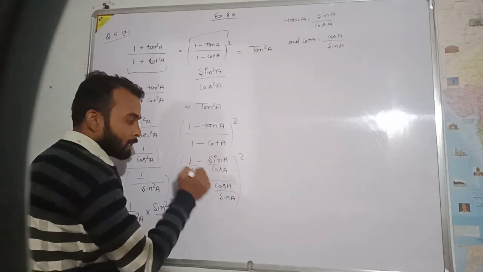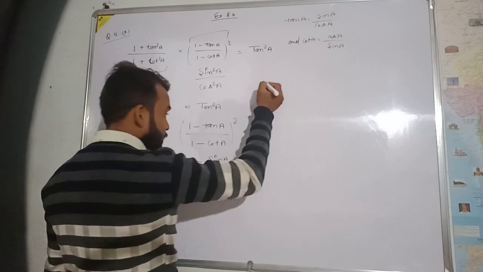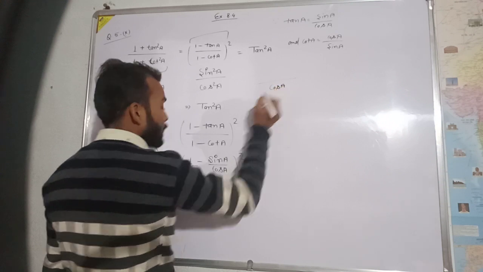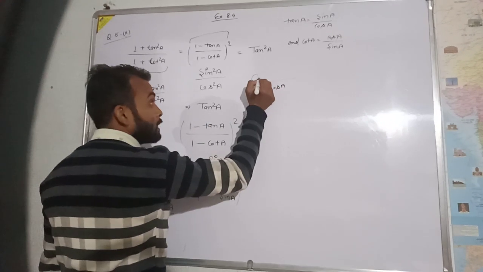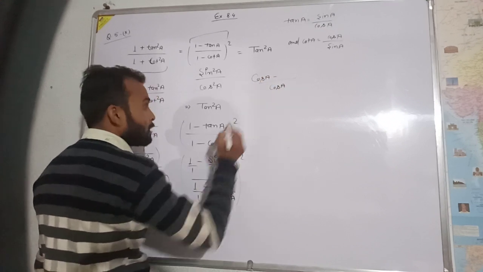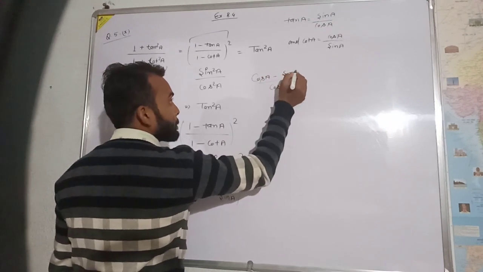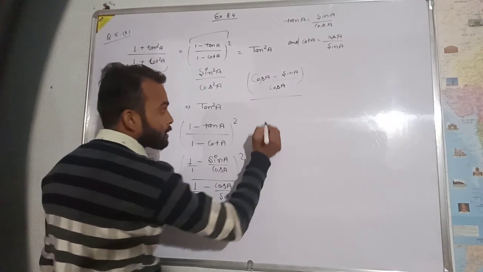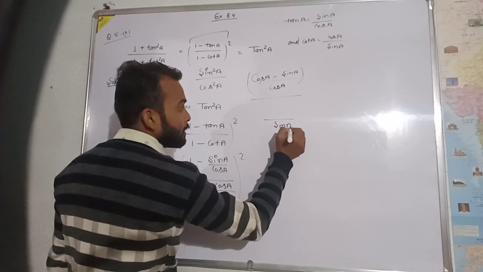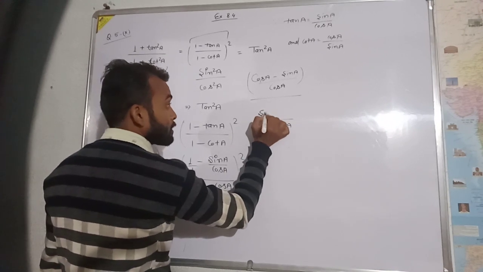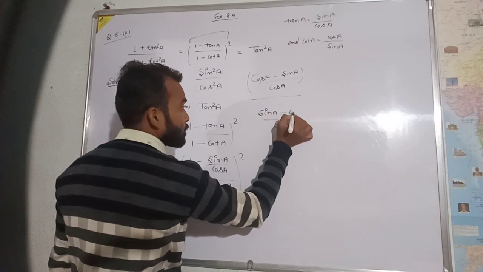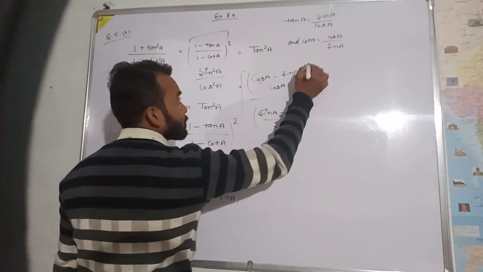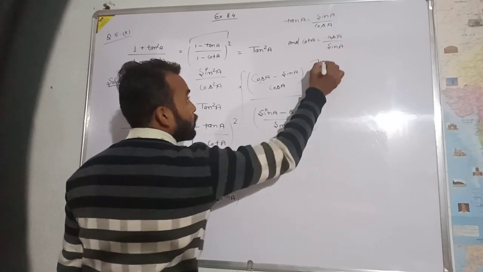First we solve this, so it will be LCM cos A, and it will be cos A minus sin A upon, here LCM is sin A, and sin A minus cos A. Whole square.